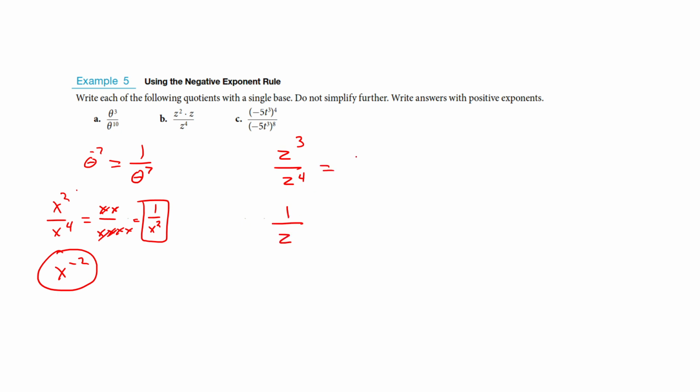Another way to think of that is z to the 3 minus 4 is negative 1. So these things have to be the same. I could move it to the denominator and it becomes a positive. So these are the same, so I could subtract them, I get negative 4. Well, let's move it to the bottom and make it a positive.